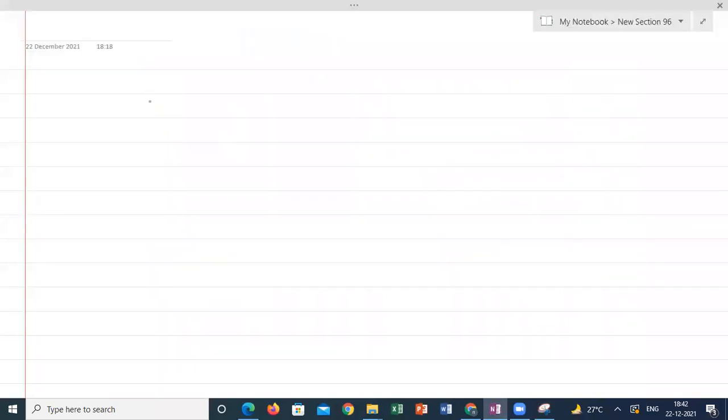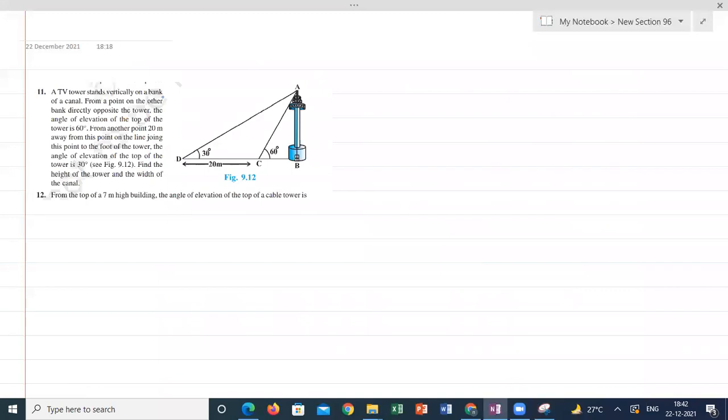The diagram is given, so visualization is easier than the remaining questions, because it will be easy to understand the situation if they gave the diagram and the question refers to something related to the diagram.